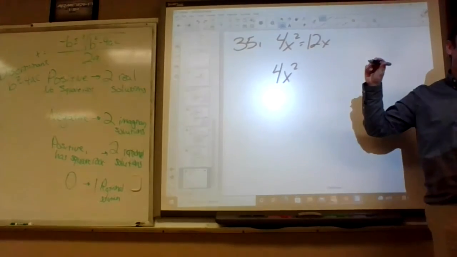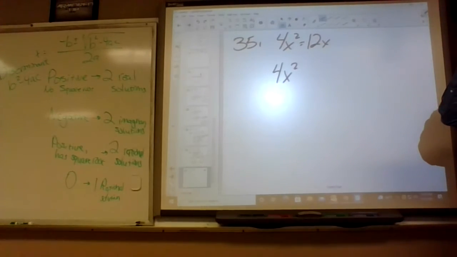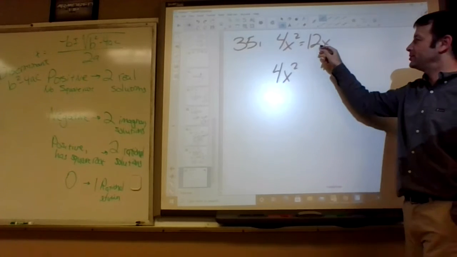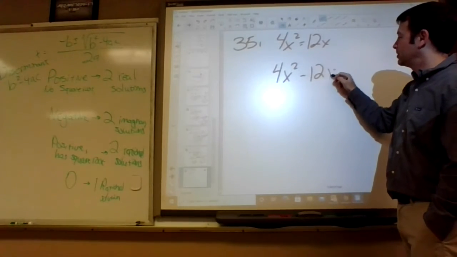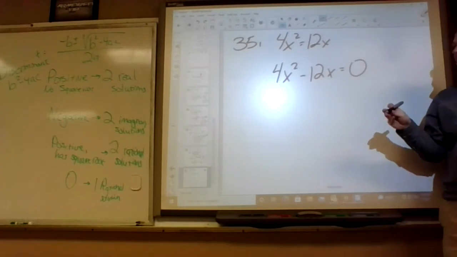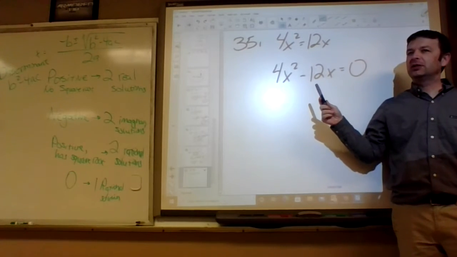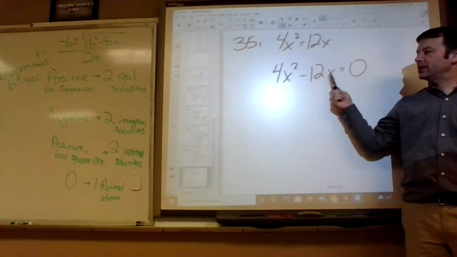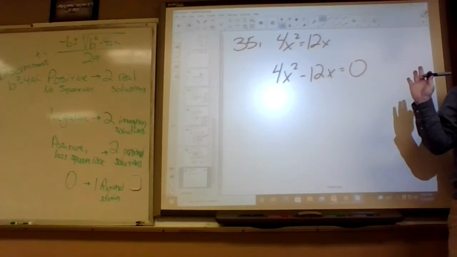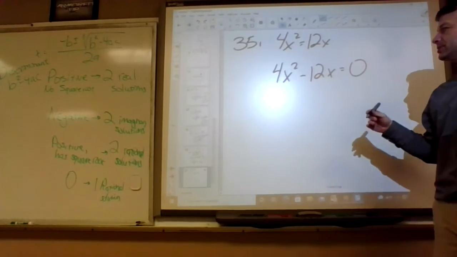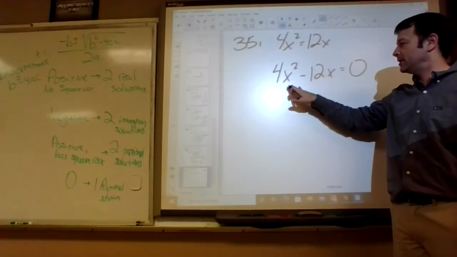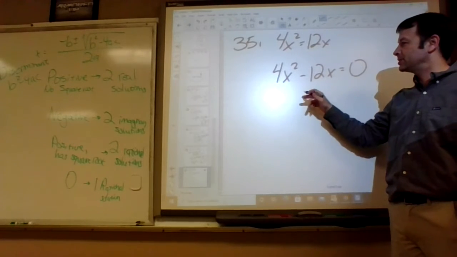But you could subtract it and then factor it. If you subtract the 12x over, you could use quadratic formula, but what would your a, b, and c be? 4, negative 12, and 0. And that's fine. You can do whatever you want to, but if you're good at factoring, and if it does factor, factoring is usually easier.